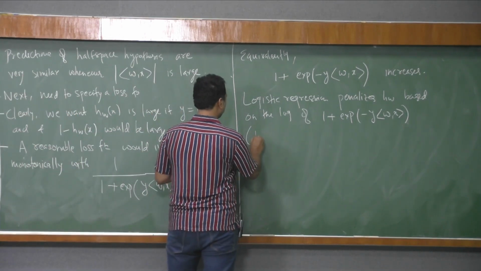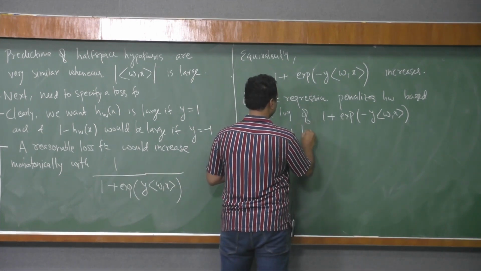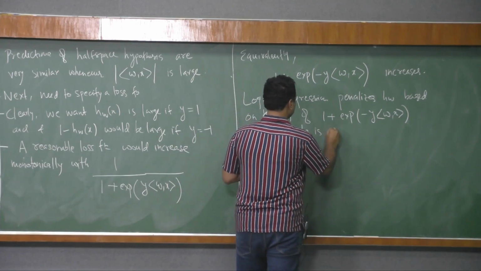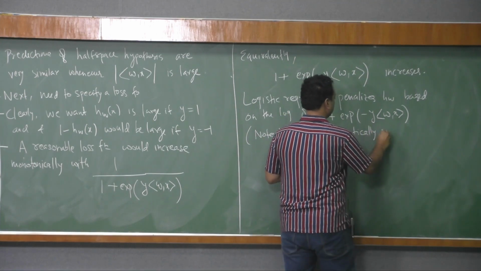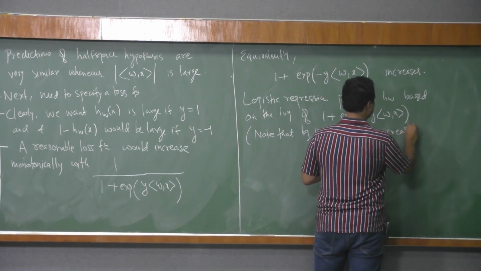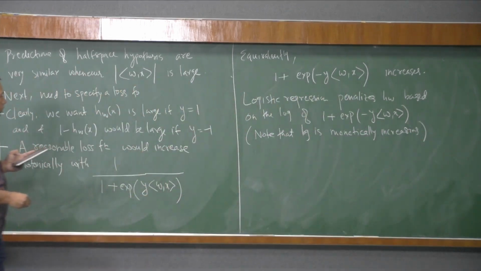So note that log is monotonically increasing. With this, we make a final loss function, which will be log of 1 plus exp of minus y w transpose x.